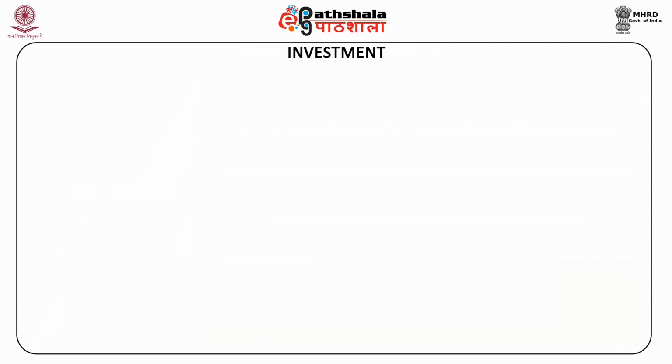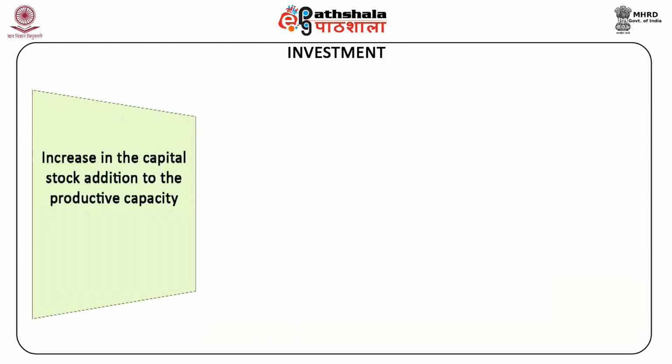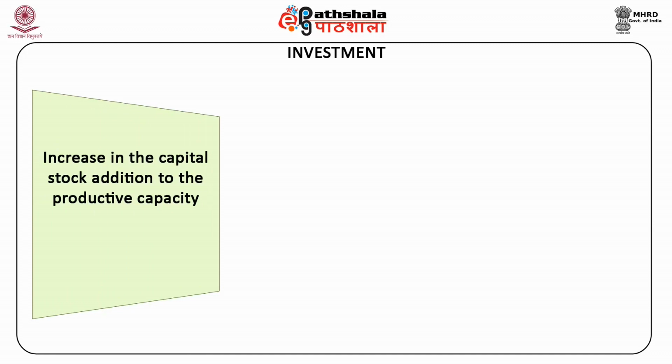So, investment is an increase in the capital stock such as buying a factory or machine, or in simple words, it is the addition to the productive capacity. The decision of firms and individuals about how much investment to make depends on interest rates.